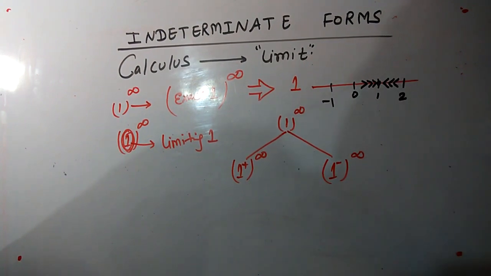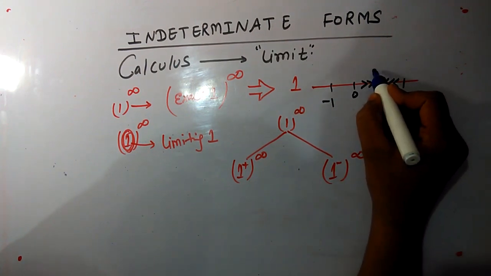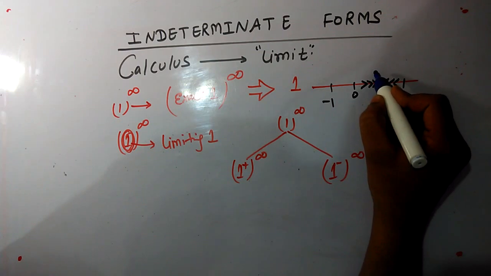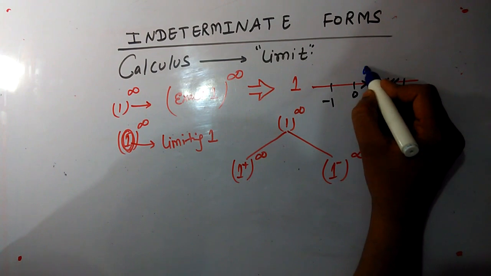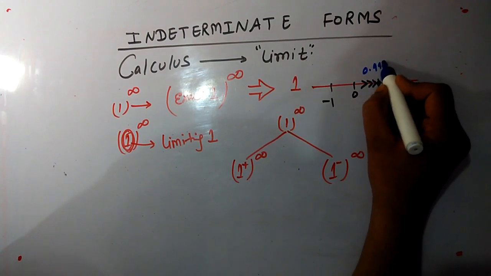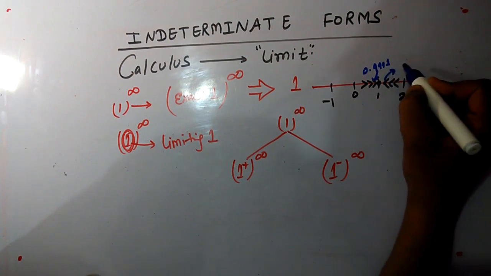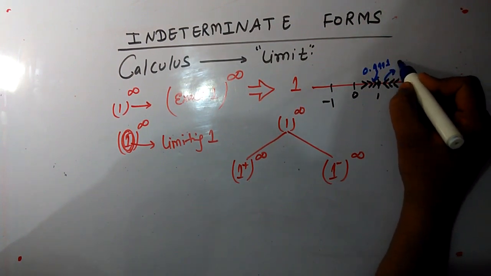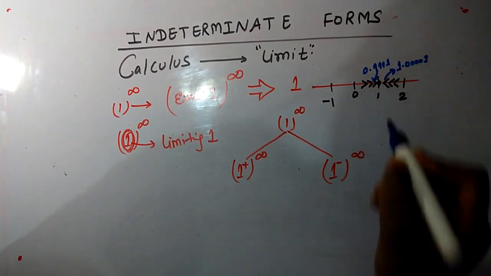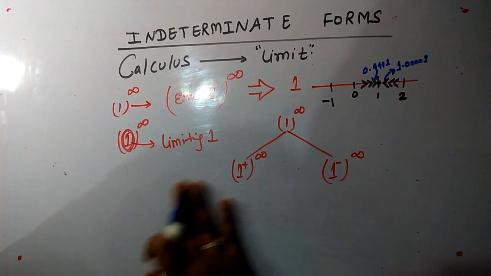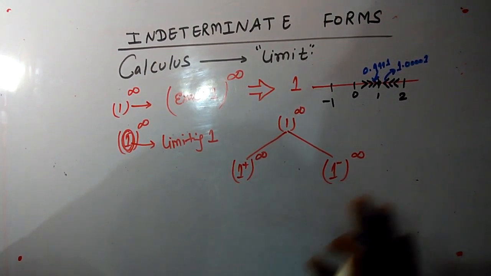If I approach from the left side, it will be less than 1, approximately 1 but less than 1, just like 0.99991 maybe here, and this will be greater than 1, just like 1.00001. So there will be two cases, 1 minus and 1 plus. So 1 plus raised to power infinity and 1 minus raised to power infinity.